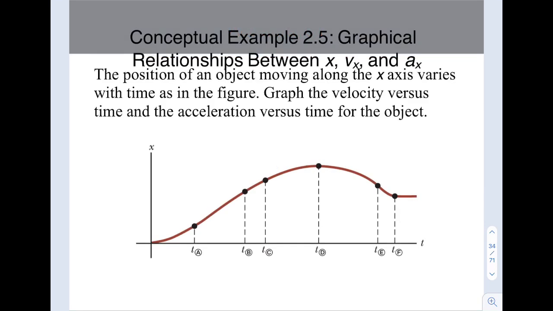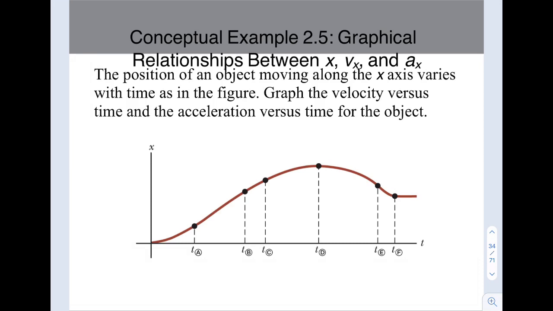Alright, next one. Conceptual example, graphical relationship between x, vx, and ax. So what you have here is the position of an object moving along the x-axis that varies with time, as in the figure. Find the graphs of velocity versus time and acceleration versus time for the object.